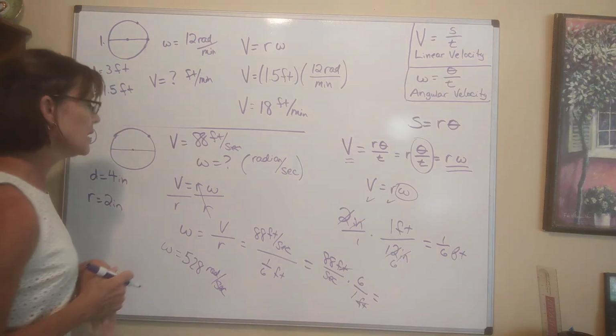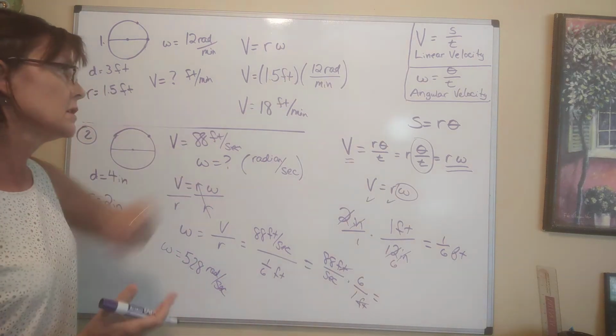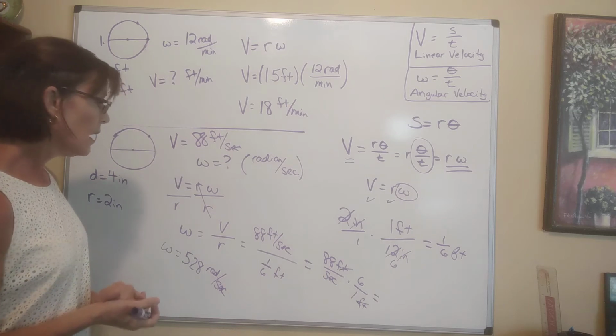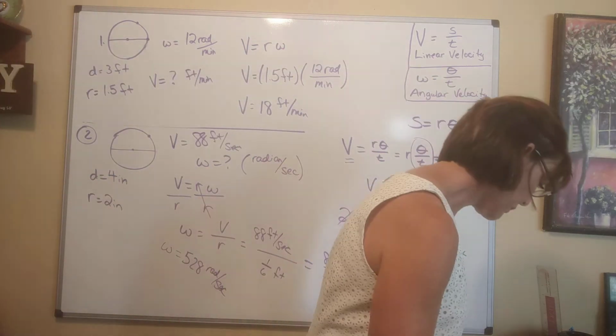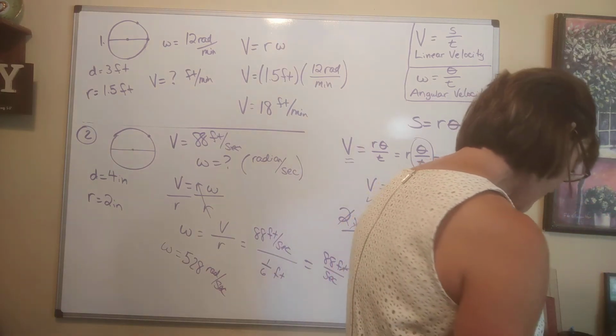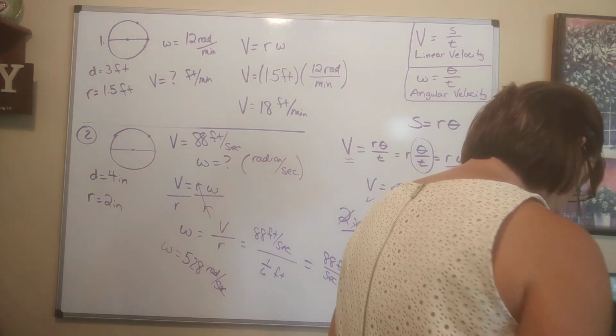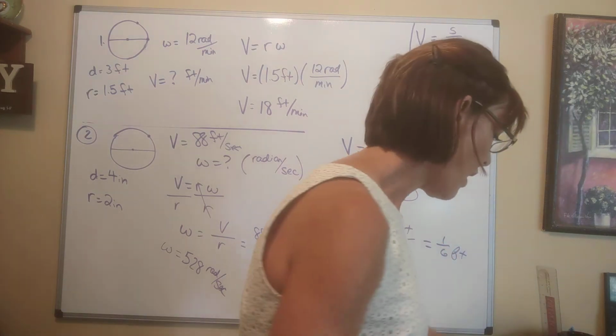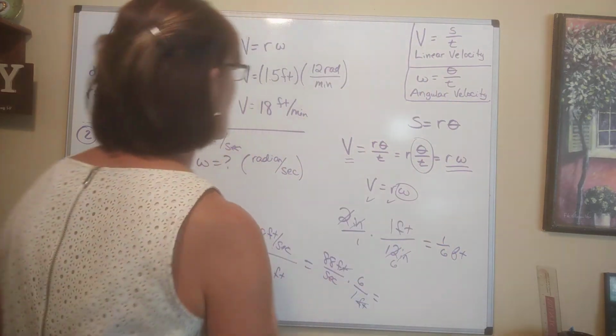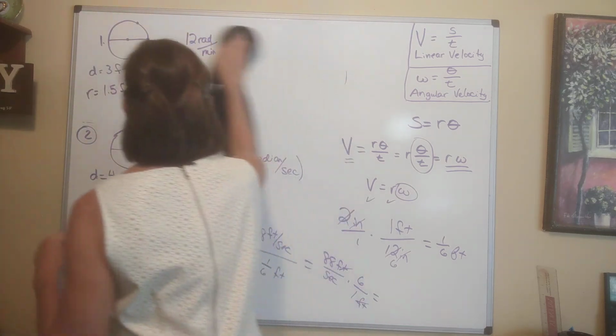We know it's in radians because we're using these formulas, and it has to be. Okay, so that is number 2. Let's look at number 3. Number 3 says, if an 8-inch diameter wheel shaft in a boat is rotating at 350 RPM. So what is RPM? We haven't come across this yet.